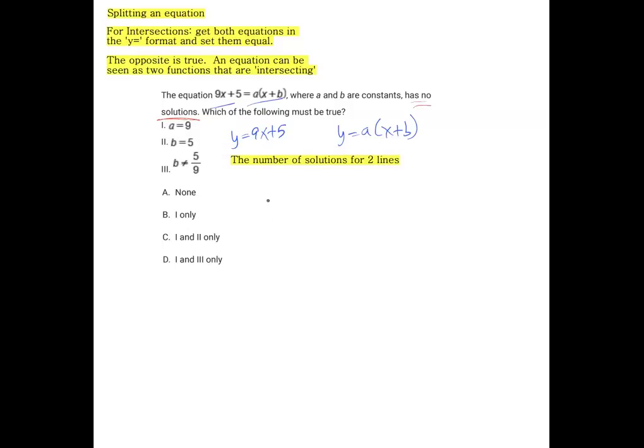If you have two lines, there are three ways they can interact with one another on an XY axis. The lines can hit once, they can hit never, or they can hit all the time.